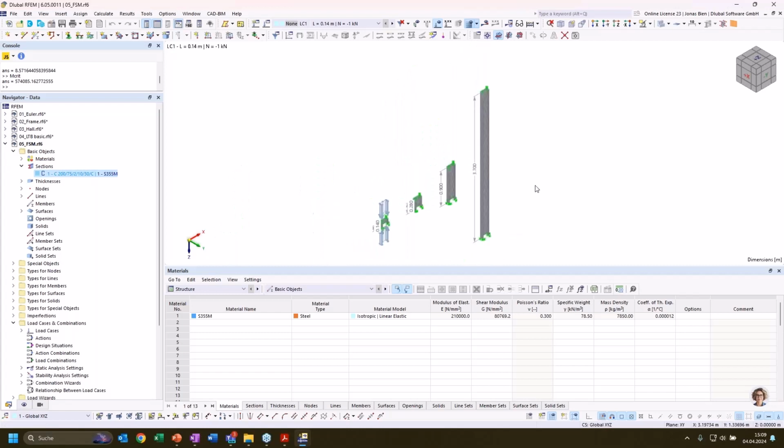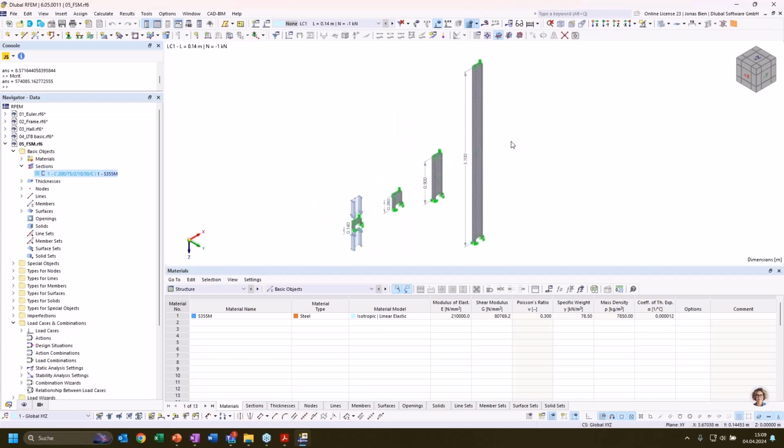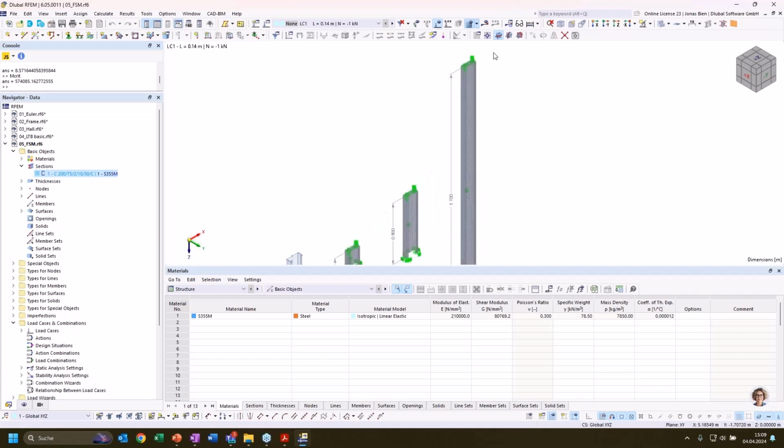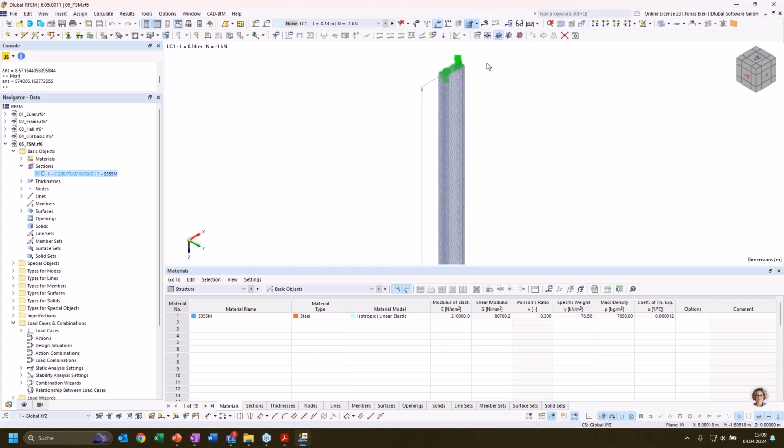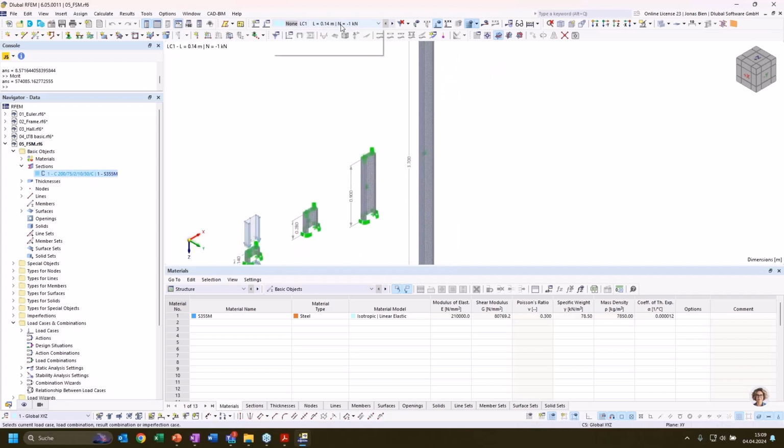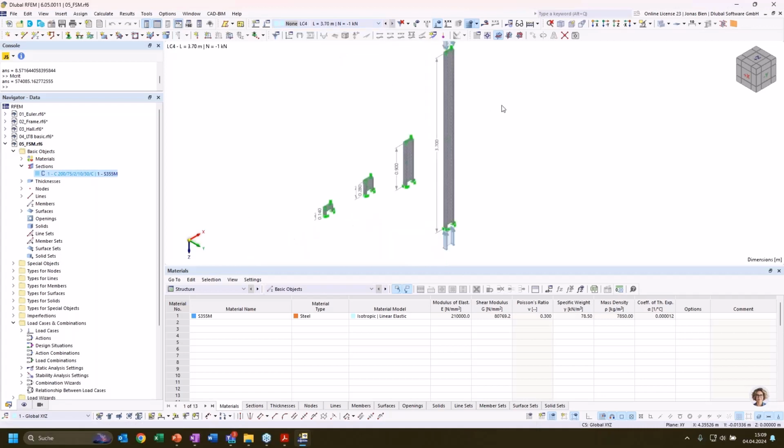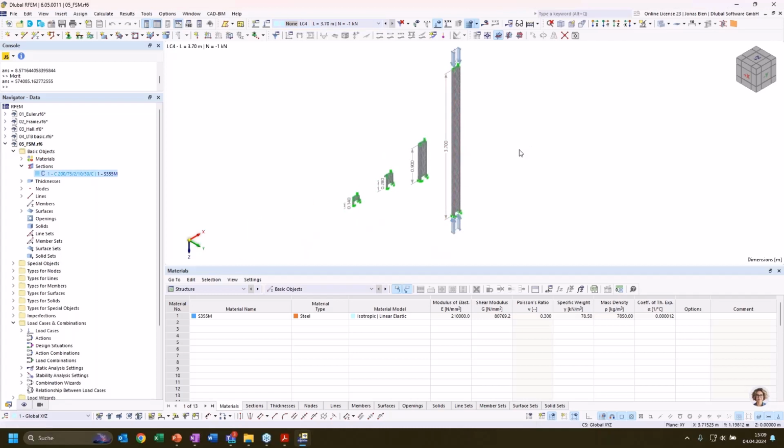And I have applied some boundary conditions that avoid any unwanted singularities in the model. Then I have applied in 4 different load cases unity load to the top and the bottom of these column stubs. So as in the first step, that should resemble the Euler case.